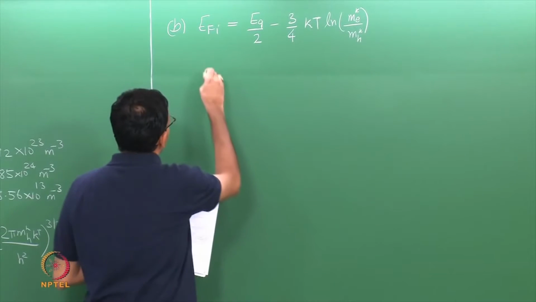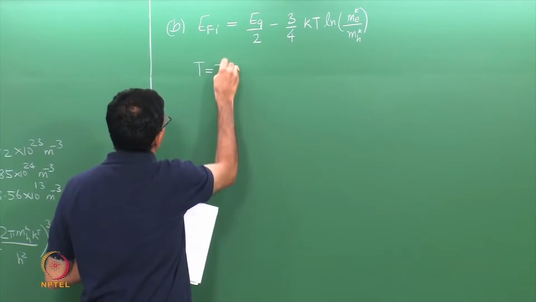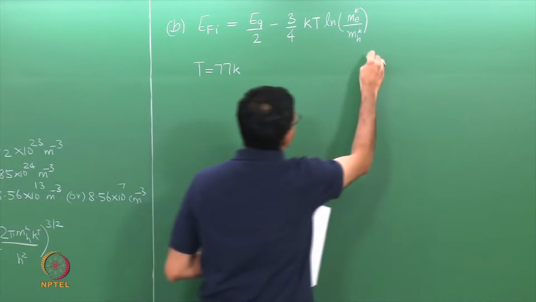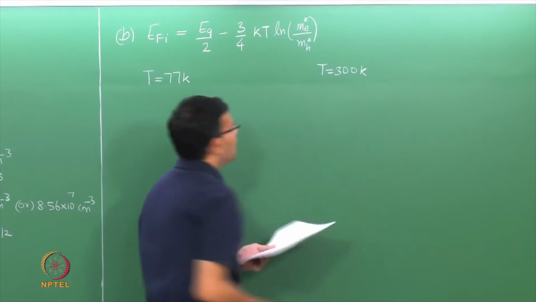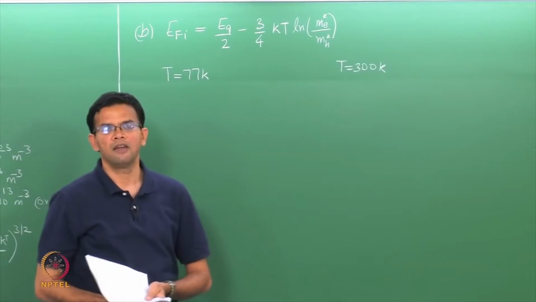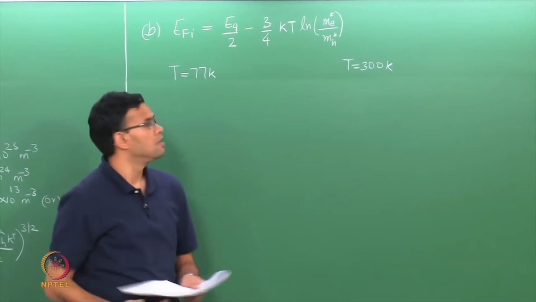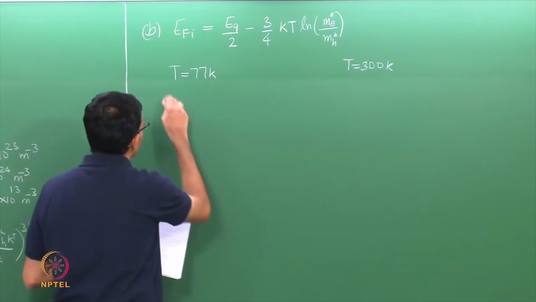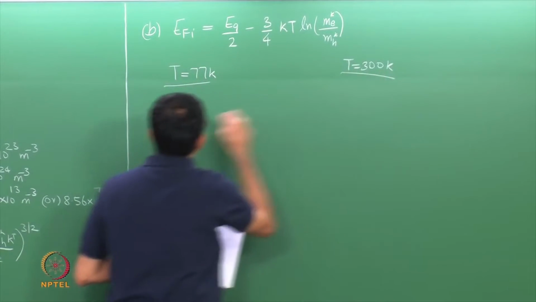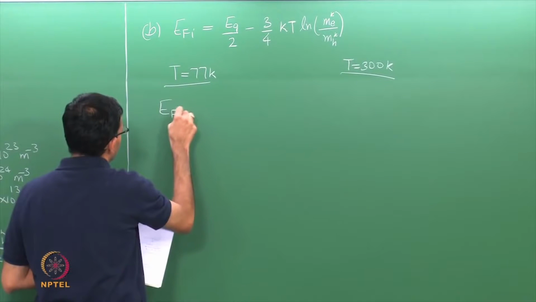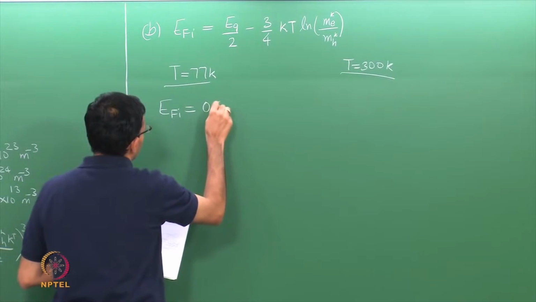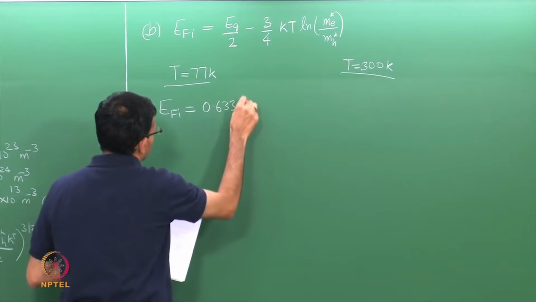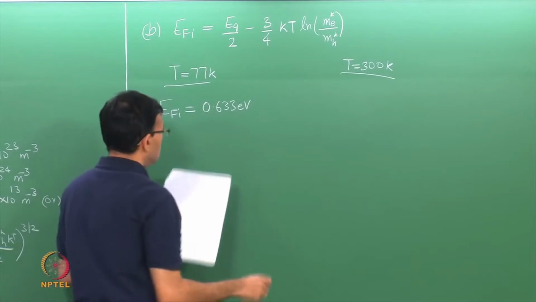We can once again plug in the numbers. So, 77 Kelvin, 300 Kelvin, Me star and Mh star values are given, temperature is also known. So, EFI here, if you do the substitution, is 0.633 electron volts.